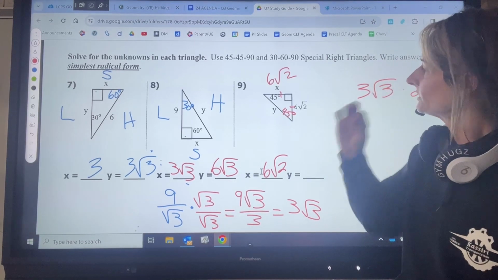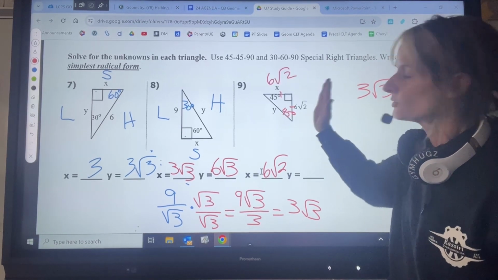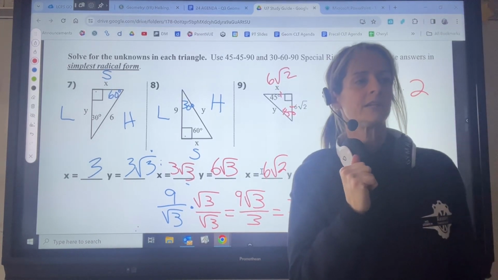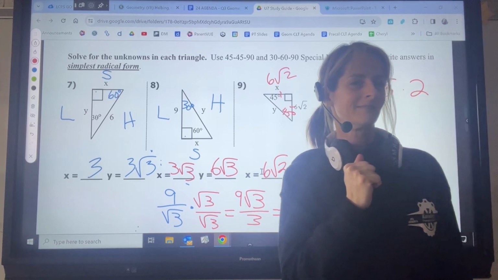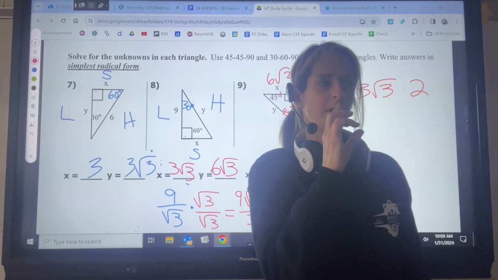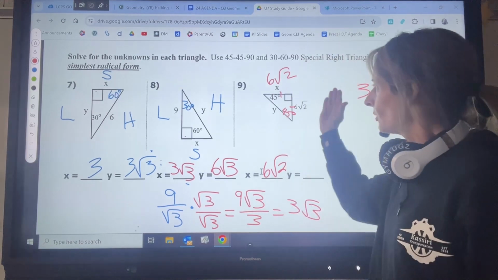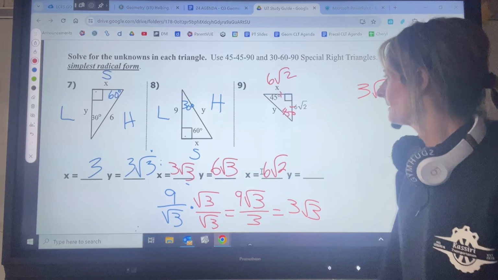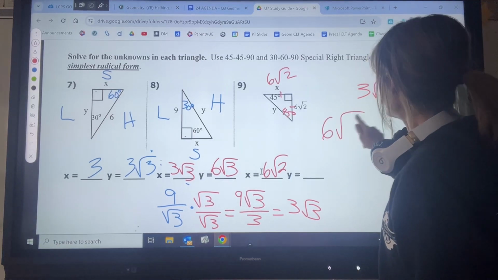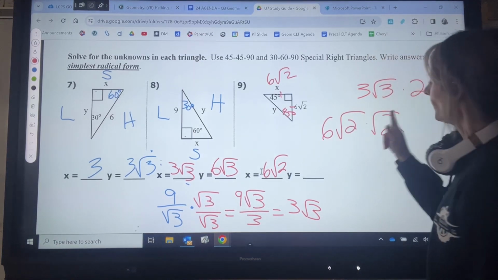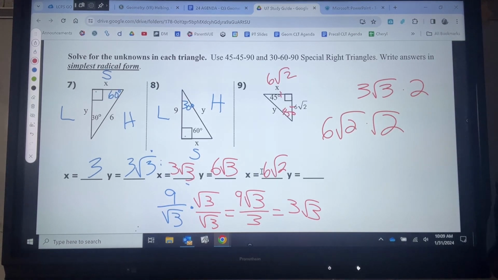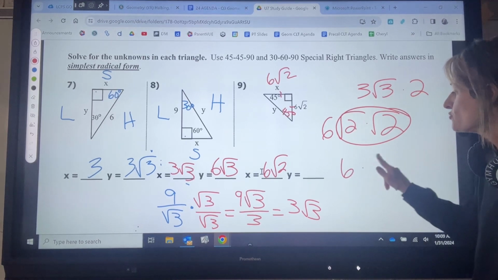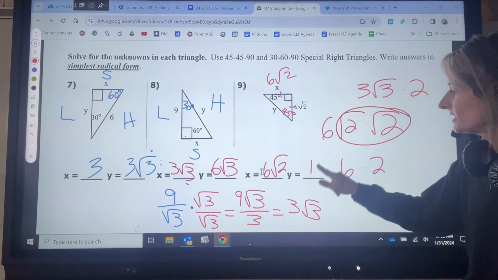Now, what's the relationship between the length of the legs, which are the same, and the hypotenuse in the 45, 45, 90 triangle? Something we have to memorize. We multiply by root 2. Yep. So, 6 root 2 times root 2. What's root 2 times root 2? 2. So this just says 6 times 2, which is 12.